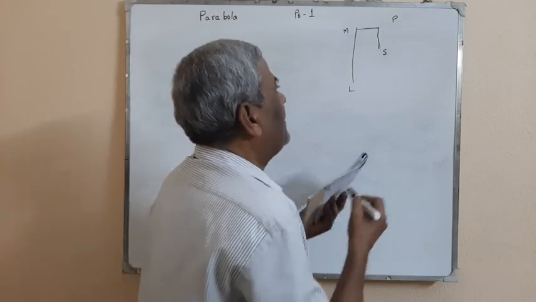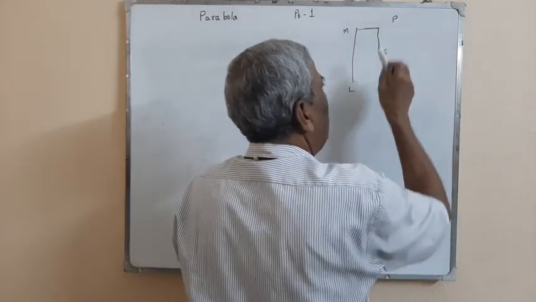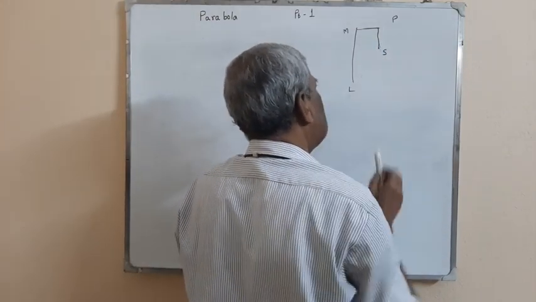So P is a moving point, S is a fixed point, L is a fixed line.